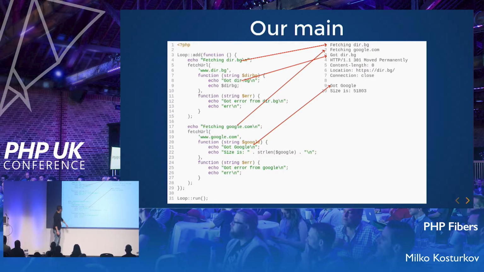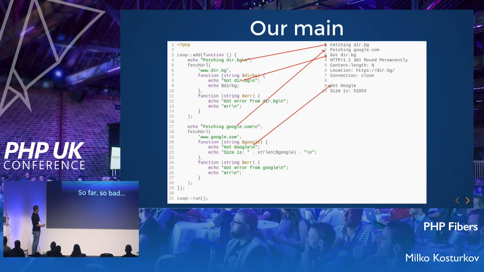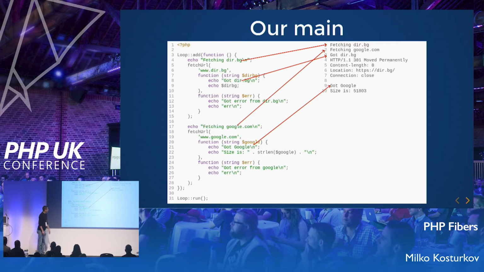And then we're going to get an echo that we got Google, and that the size of Google is 51,803 bytes. Depending on where we call them from and which responds first, the order may be switched.